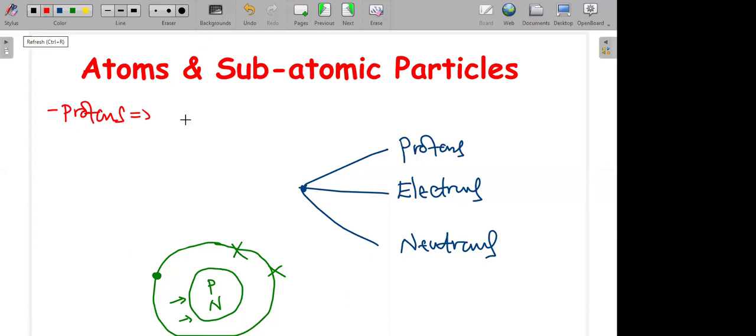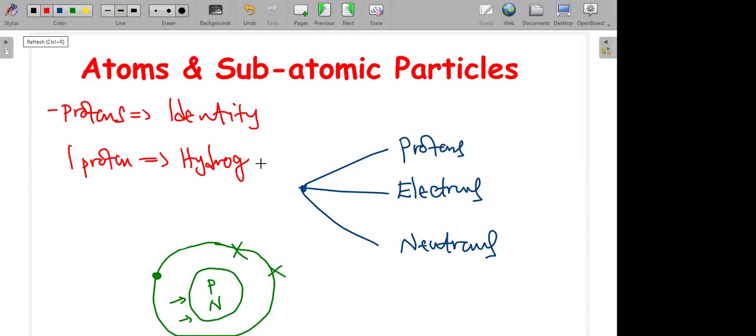So the proton is responsible for identity. It identifies the atom. If you hear that any element has one proton, we only have one element that has one proton, and that element is hydrogen.